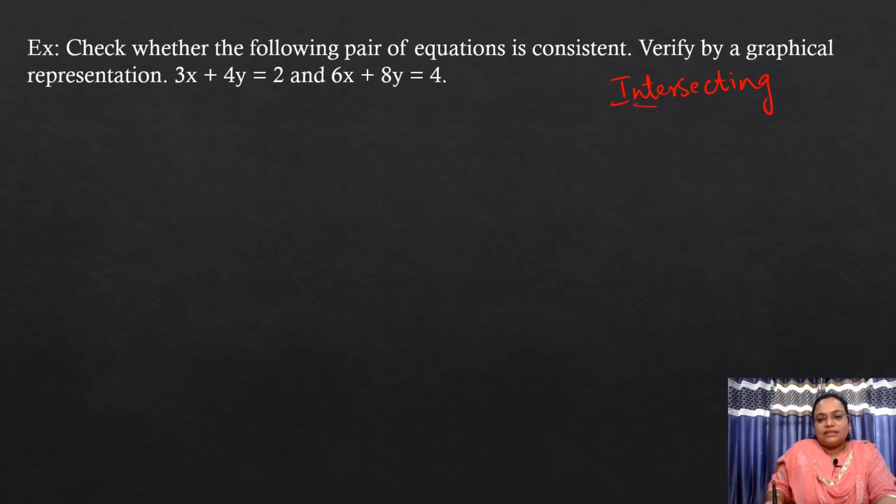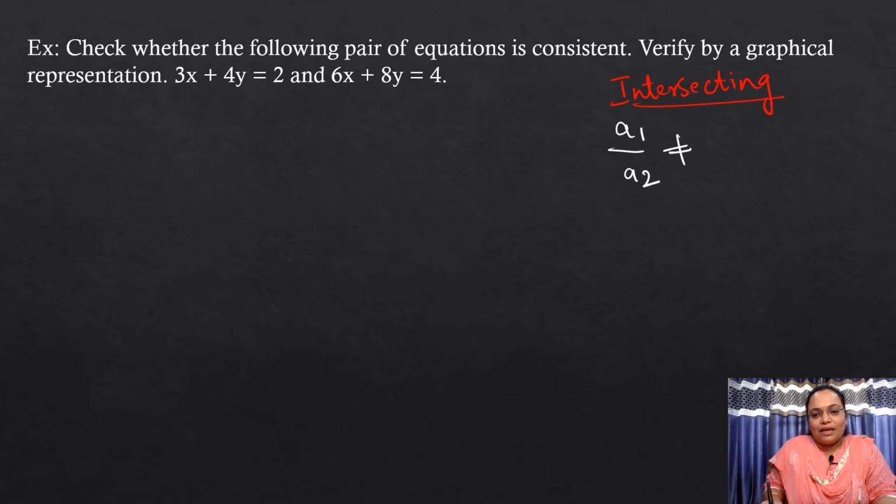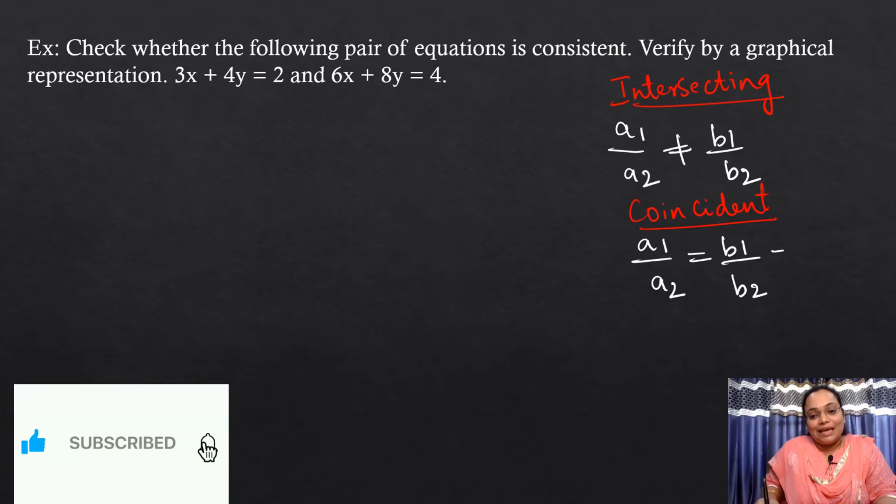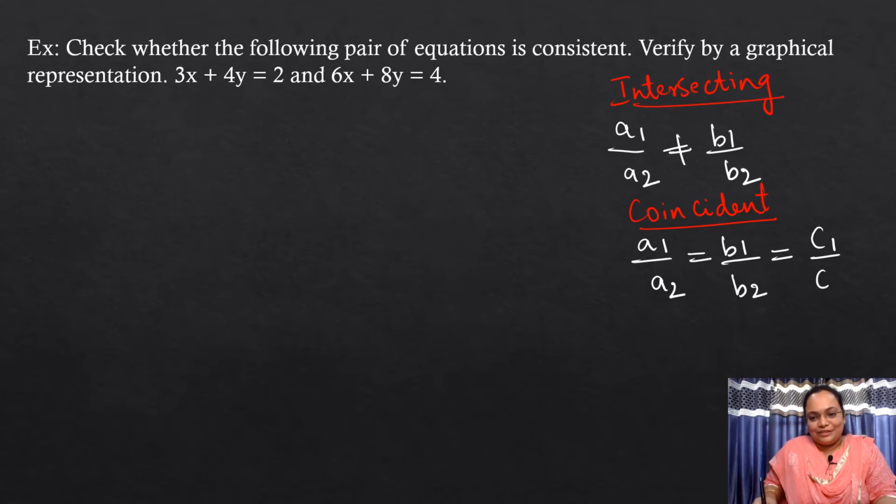If it is intersecting lines, what is the condition? That is A1 by A2 is not equal to B1 by B2. Yes, if it is coincident lines, then what is the condition? A1 by A2 is equal to B1 by B2 is equal to C1 by C2.